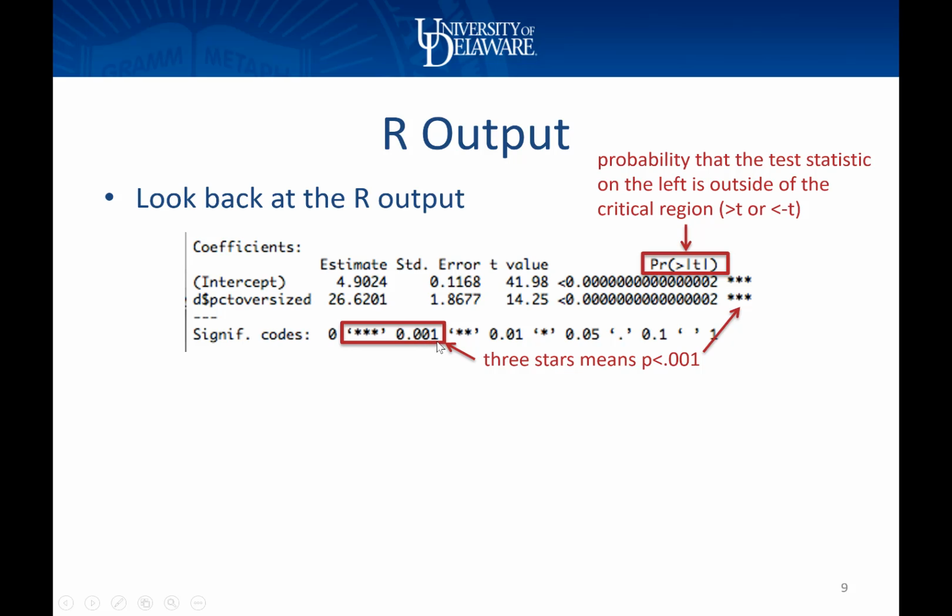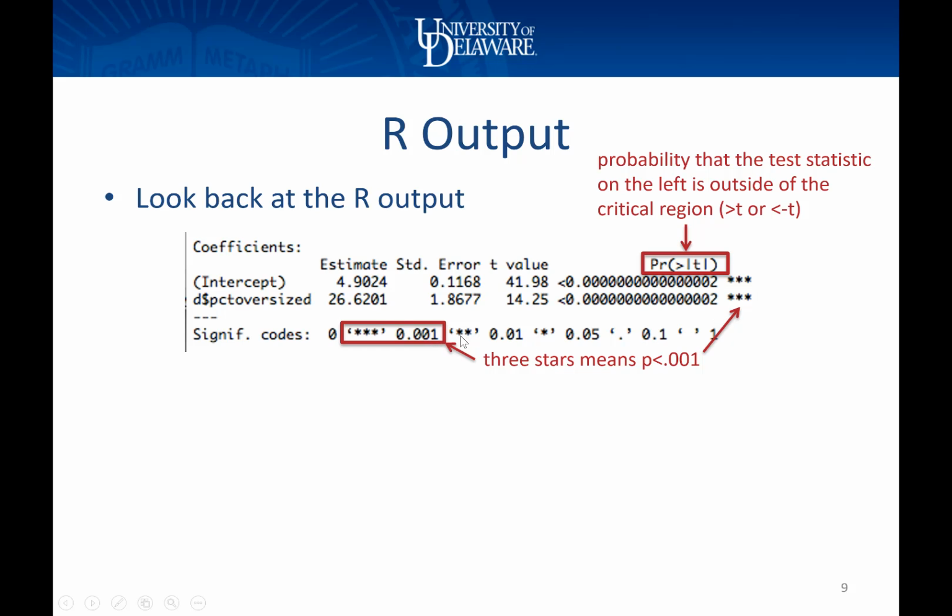And according to the hypothesis test rules, if our p-value is less than 0.05, then we pass the test. We reject the null hypothesis and accept the alternative. So if we have 3 stars, then we should know right away, reject the null hypothesis that this coefficient is equal to 0.